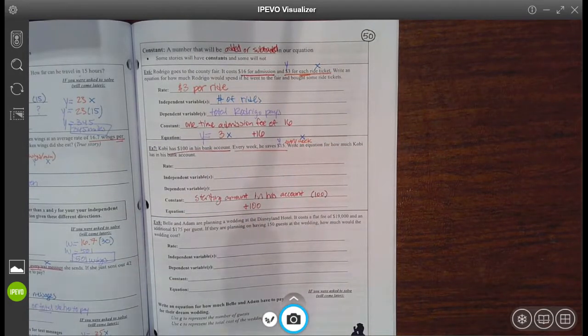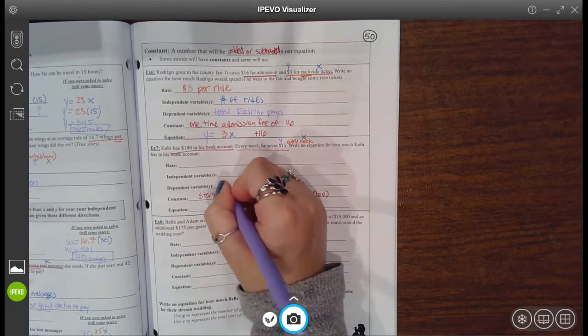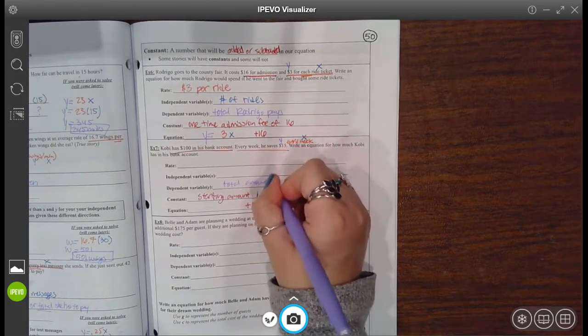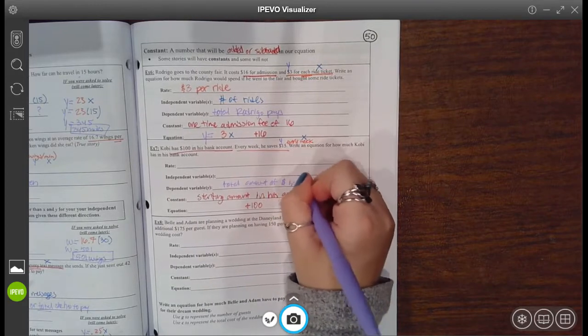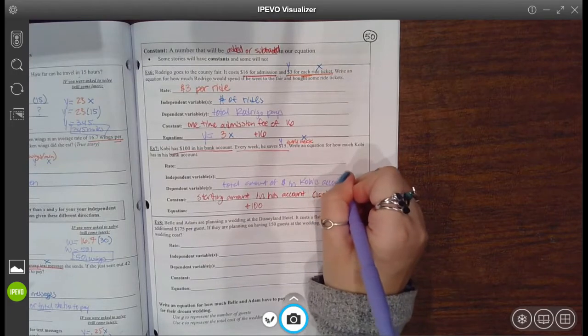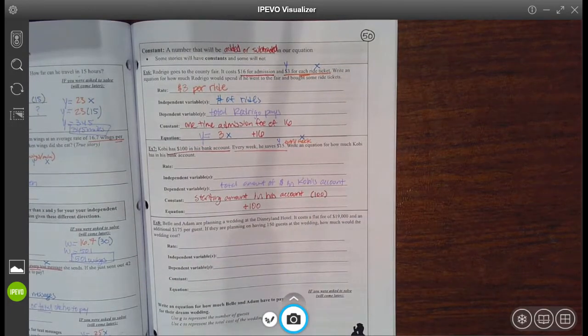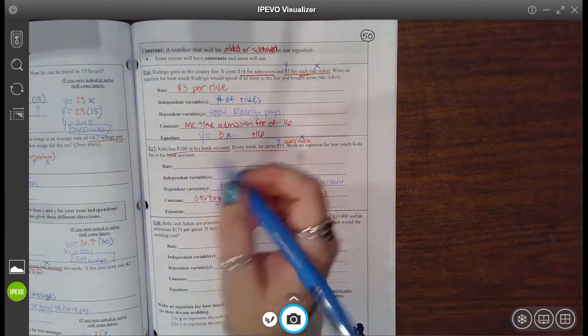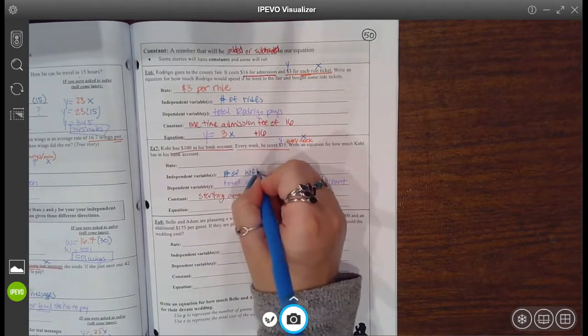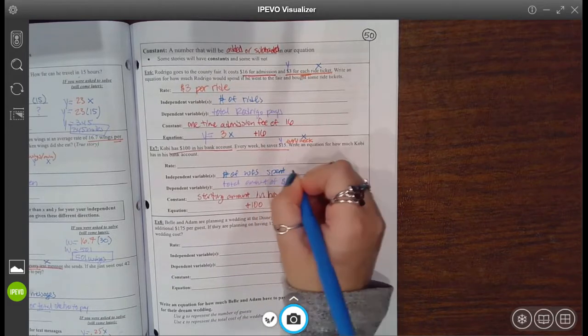So y is the total amount of money in Kobe's account, and your x is the number of weeks that he's spent saving.